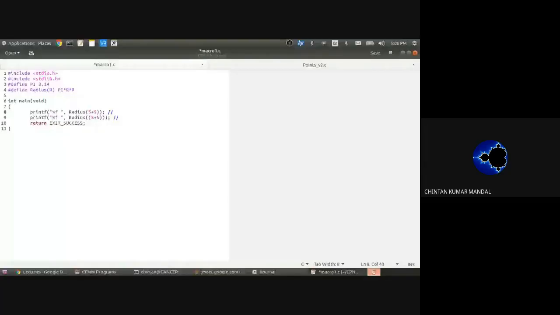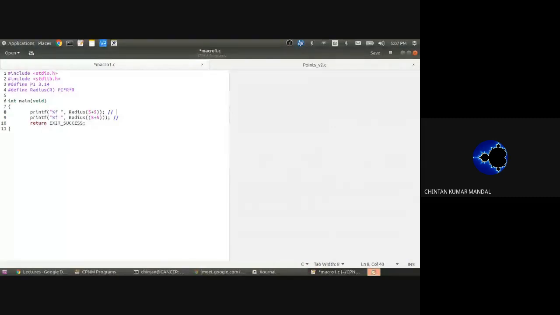So define is pi is 3.14. I have defined another macro which looks like a function. The macro is defined as radius which takes in a parameter r, and it basically computes pi into r. Okay, so can you tell me what will happen for line number 8?